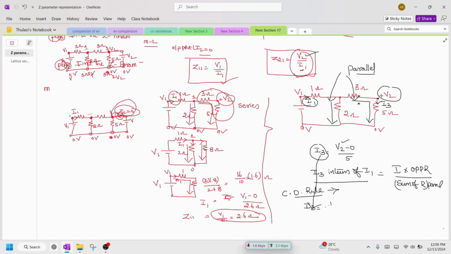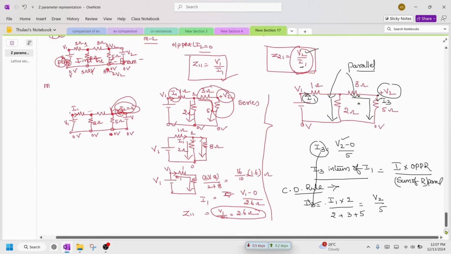The total branch current is I1. This is the branch I am finding I3 for. What is the branch in parallel to I3? What is the value of that resistor? Into 2 ohms, divided by the sum of the resistors connected in parallel. These two branches are in parallel, so you get 2 plus 3 plus 5. So that is equal to V2 by 5.